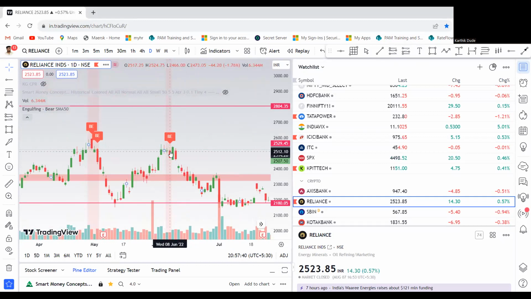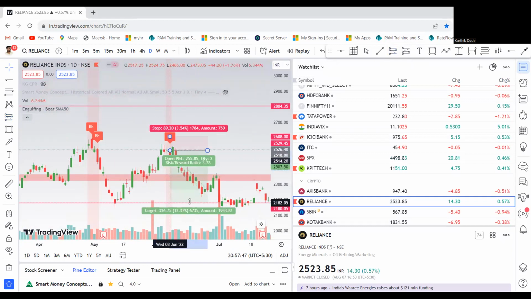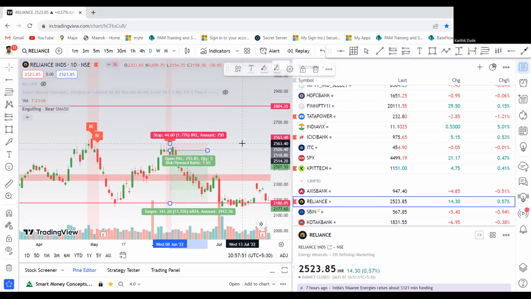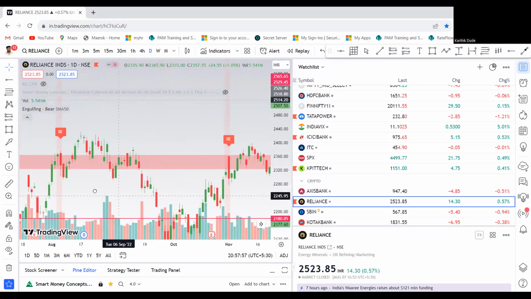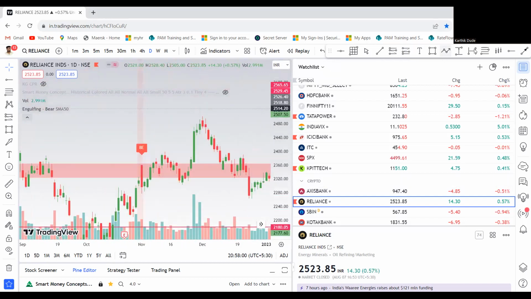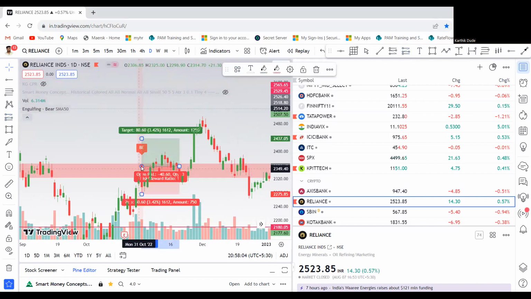Let's say you are going to sell this stock and you're going to target this level. You should follow a strict stop loss, like this candle. If you miss this, then obviously if it goes against you, you will end up in a loss. See, this is one classical case of an engulfing candle.